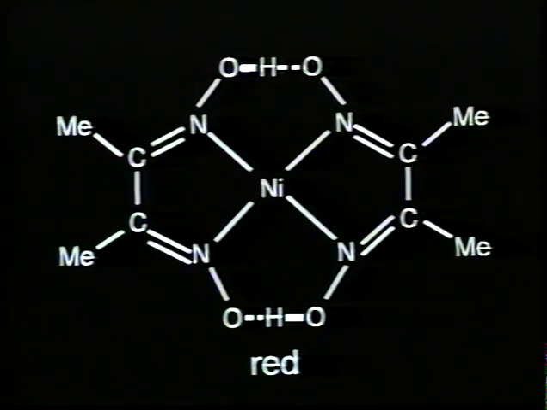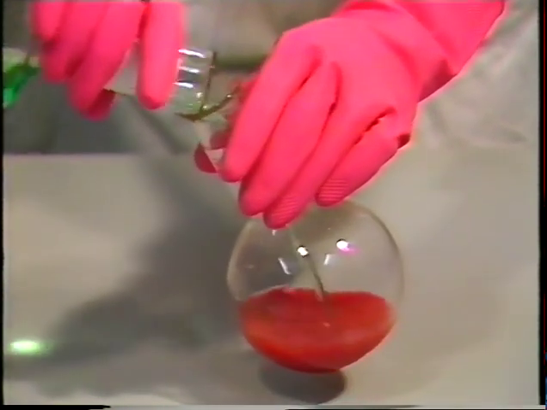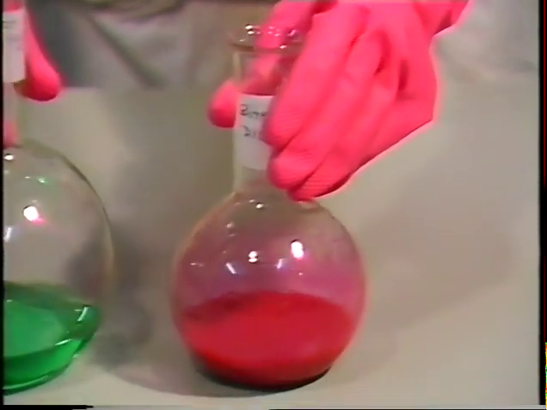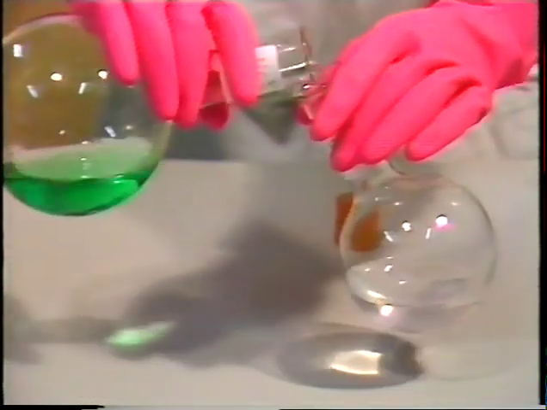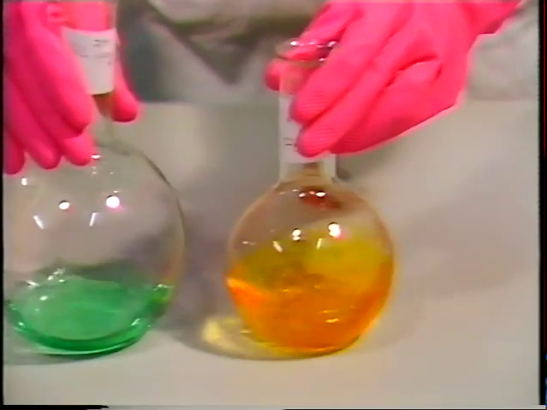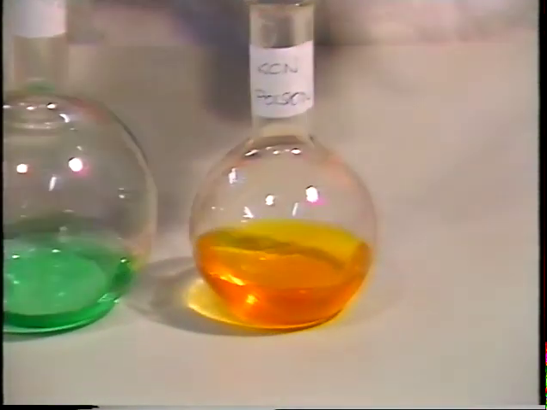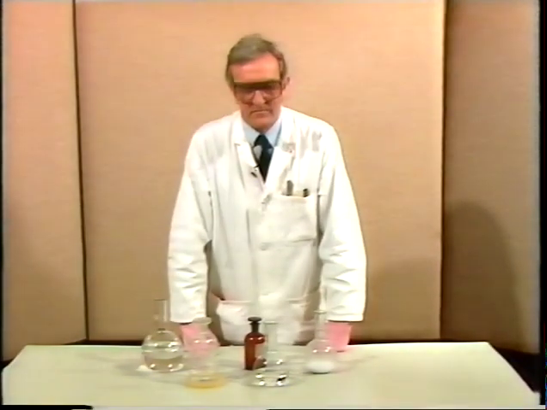And nickel 2+ forms a square planar complex with butanedione dioxime, or dimethylglyoxime, and this carmine red precipitate that we get is used in the gravimetric estimation of nickel, and it's also used as a colour qualitative test for nickel. Nickel similarly forms a square planar complex with cyanide ions, Ni(CN)4 2-. So they're much rarer, but they do occur.